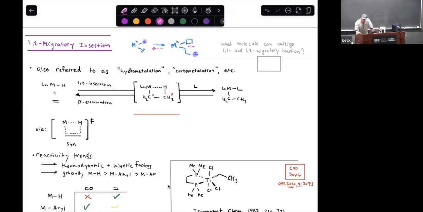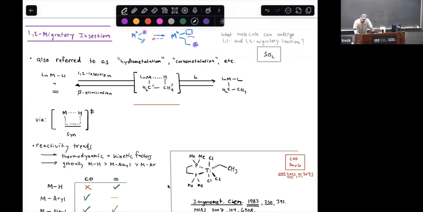It has to have a special set of properties since it needs to have a pi bond, but also needs to have this kind of amphiphilic character at the coordinating group. So it's one that we talked about briefly, which is SO2. I won't say too much more about that because it's relatively uncommon, but you can think about those two mechanisms.